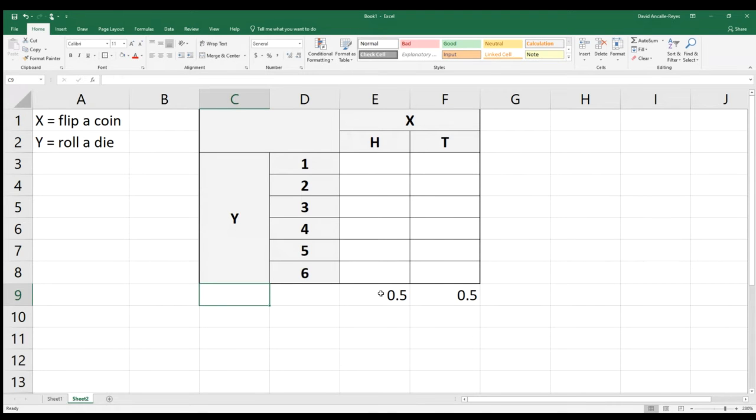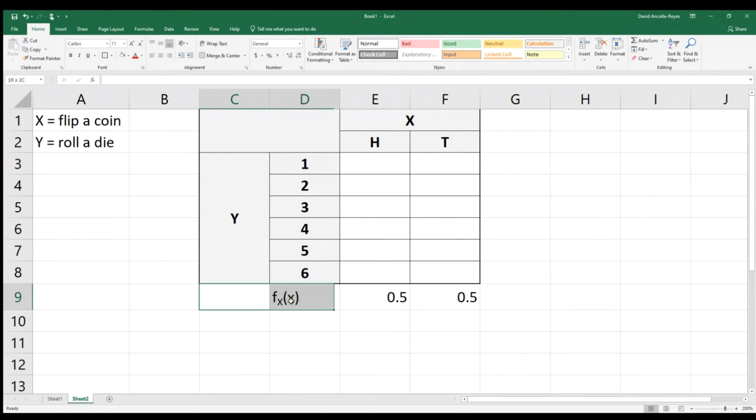And this would really be my marginal probability distribution for X. We know this much.